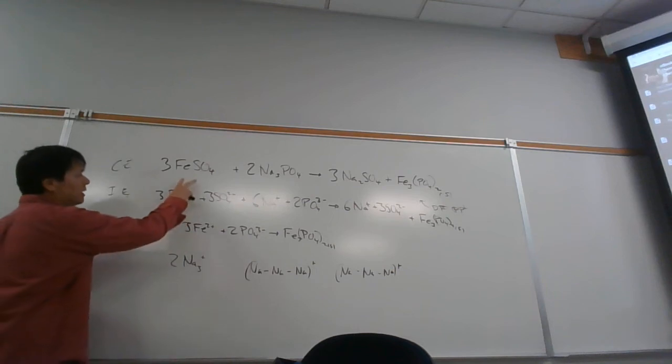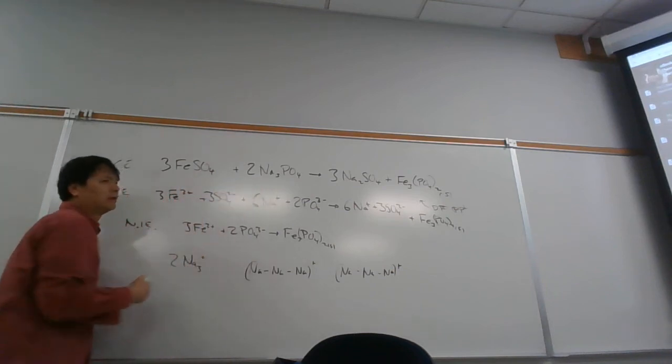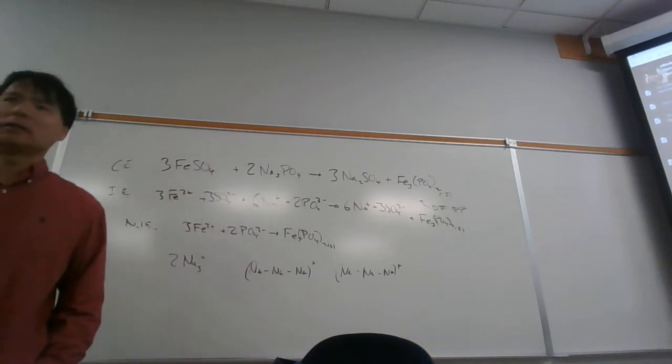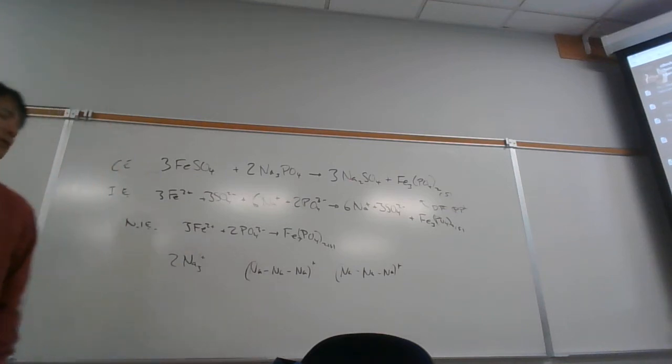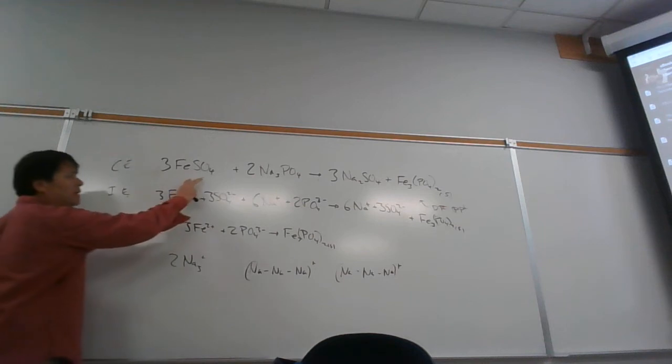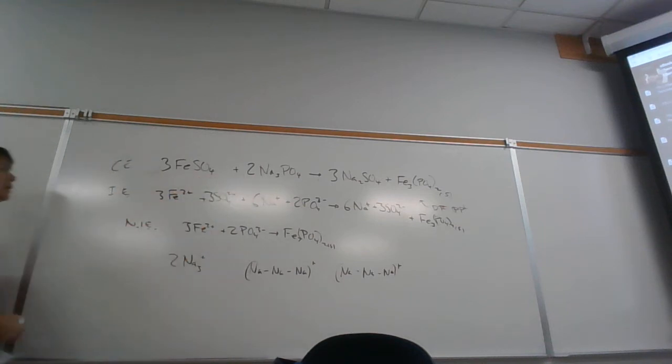So if we're going to mix some iron 2 sulfate and some sodium phosphate, the two ways we could do it is, one, stoichiometrically. If we do this stoichiometrically, stoichiometric means we have just the right amounts. And that's typically done in something called a titration style reaction. A stoichiometric reaction. An example of this would be titration. We'll talk about titrations later on. But this is just the right amounts.